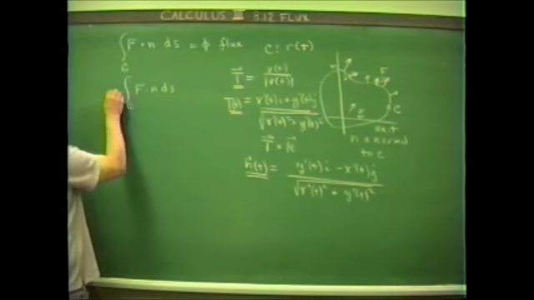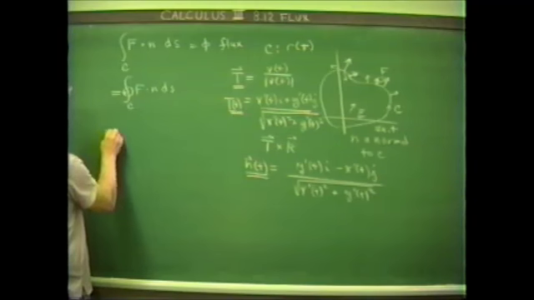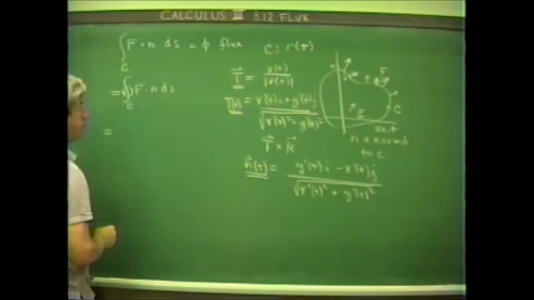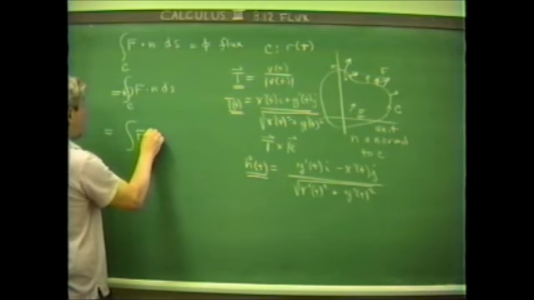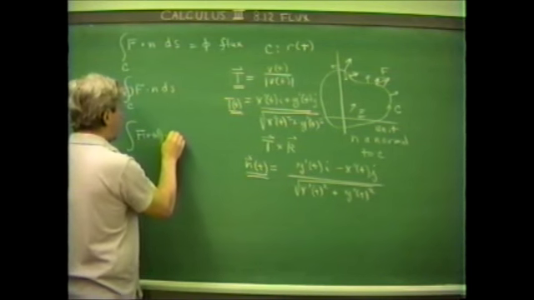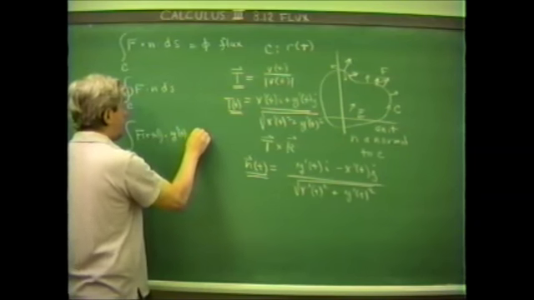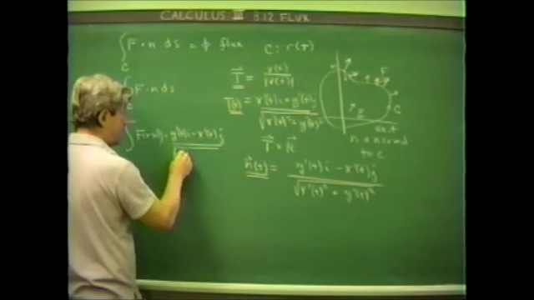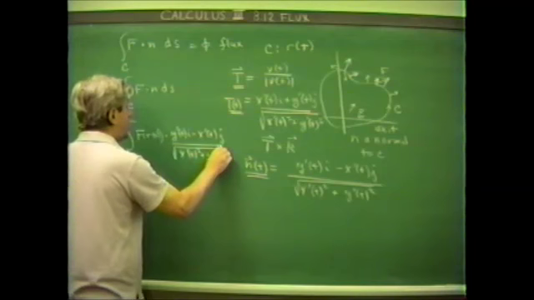So this integral around the curve C of f dot n ds is going to be equal to the integral of f of r of t dotted with y prime of t i minus x prime of t j over the square root of x prime of t squared plus y prime of t squared.